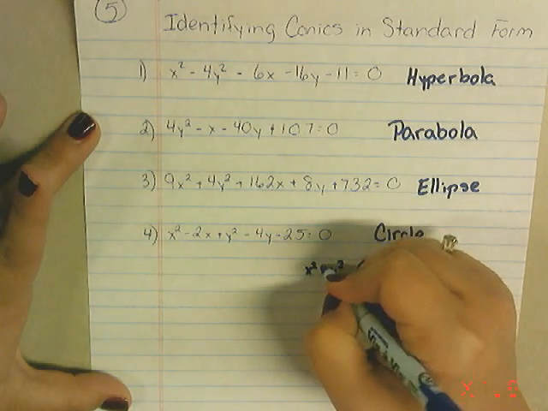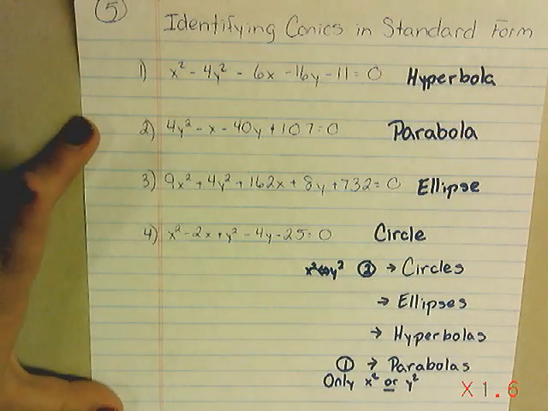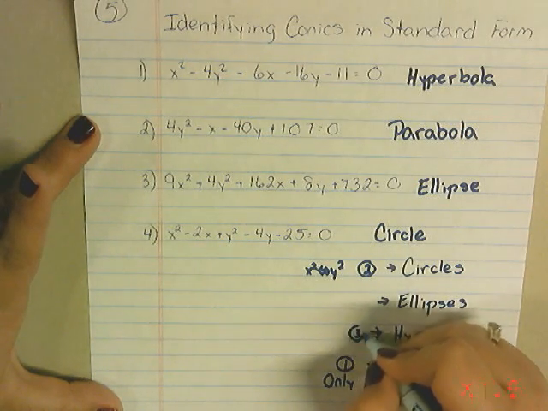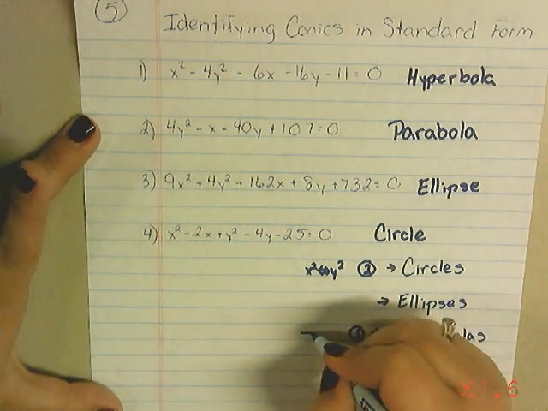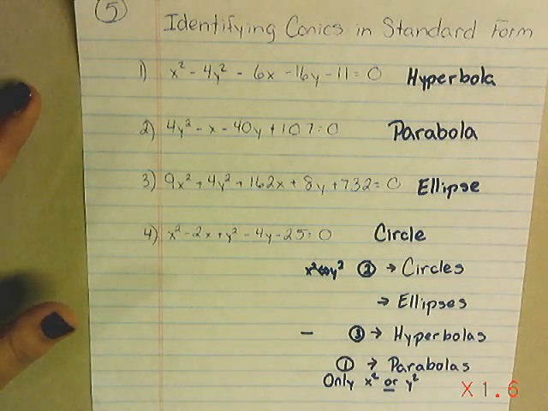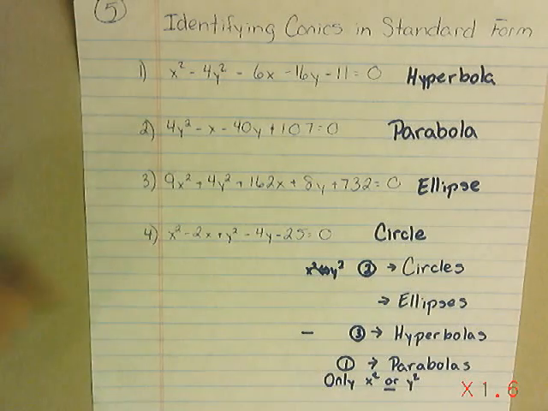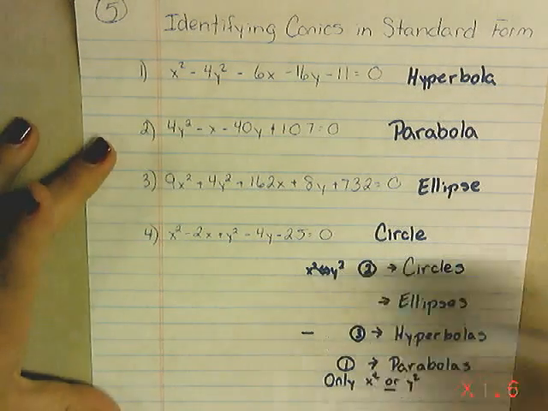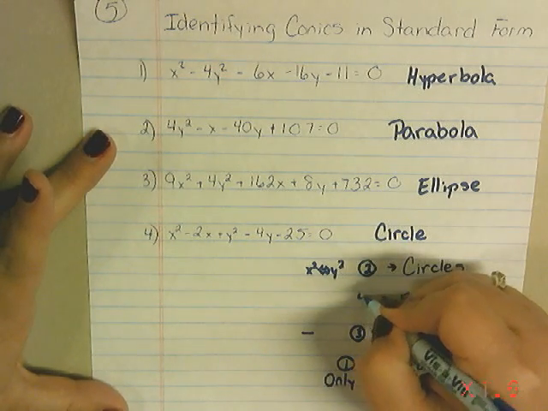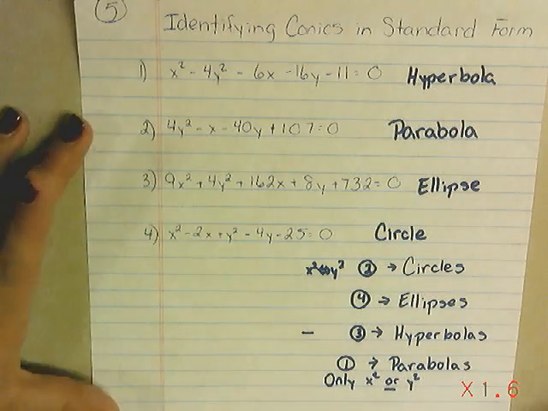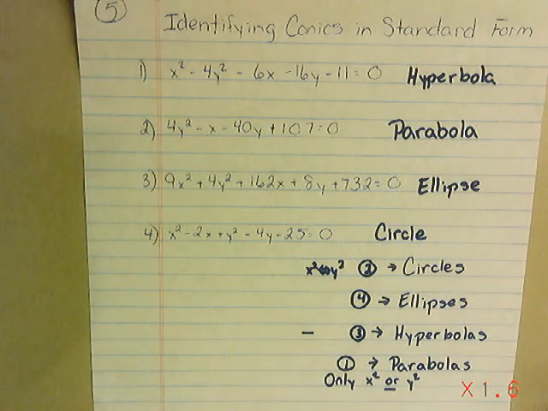So they have to have the same coefficient. Then I would jump to my hyperbola and look for my minus sign. Either my x squared or my y squared has to have a minus sign. And then last but not least, I would do my ellipses, and they're both positive.